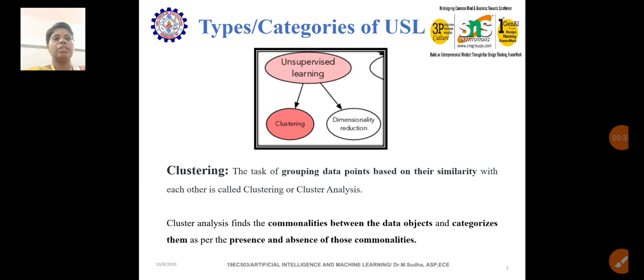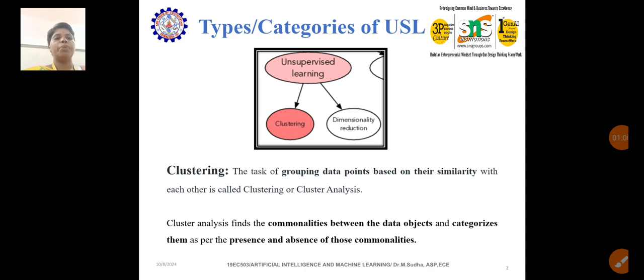In this video we are going to see in detail the types or categories of unsupervised learning. It is broadly categorized into two categories: the first one is clustering, and the other one is dimensionality reduction. We all know what clustering is: it is the grouping of data.